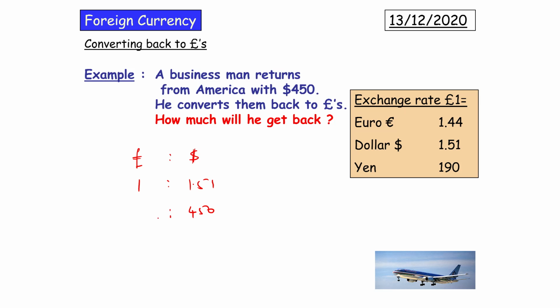Now remember what we said. We set it out as a fraction. 450 divided by 1.51. And on your calculators then, we perform that calculation. Let's have a look. 450 divided by 1.51.